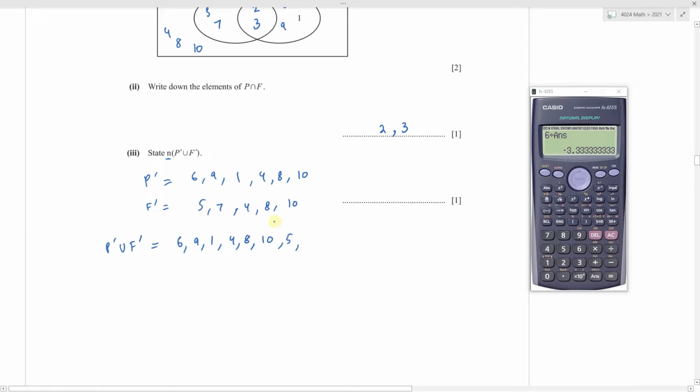So 5, 7, 4, 8, 10 are already present. So this is P complement union F complement. The question asks you to state the number of elements. So 1, 2, 3, 4, 5, 6, 7, 8. There are 8 elements inside this set P complement union F complement.